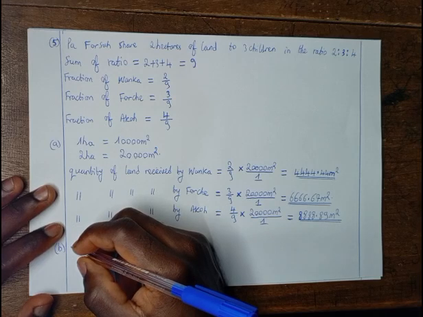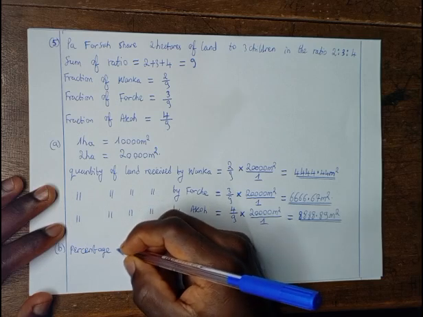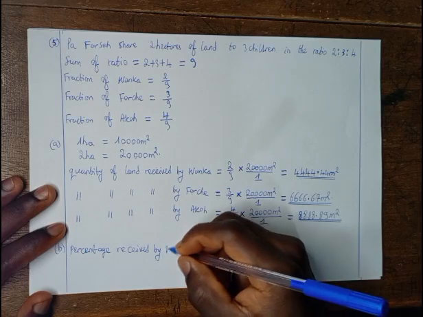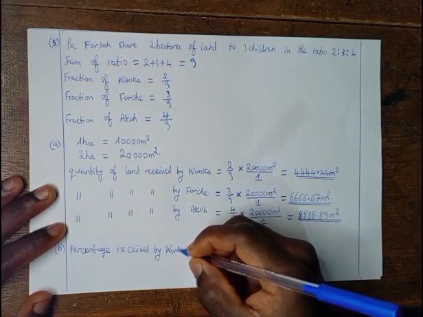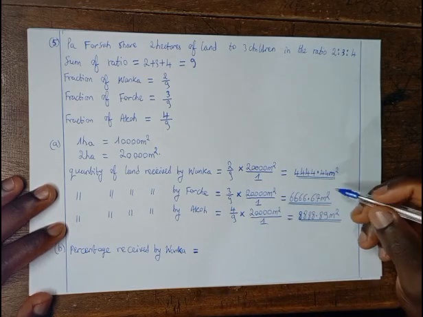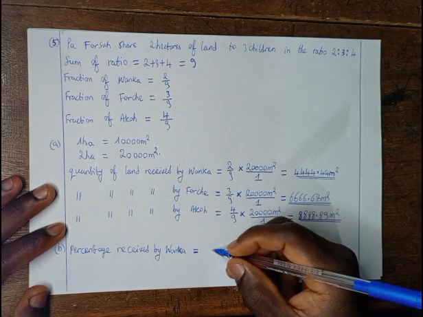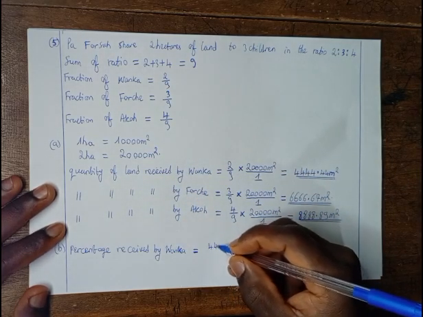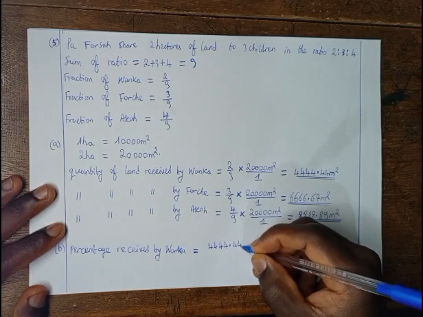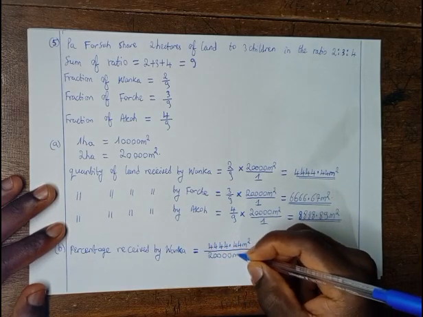We just start with the first child. Percentage received by Wanka is simply equal to, we are going to divide the quantity of land he received by the total quantity of land. We're going to divide 4,444.44 meters squared by 20,000 meters squared.